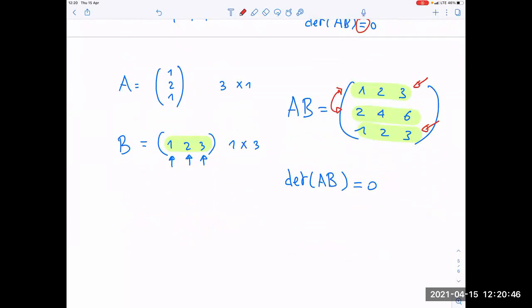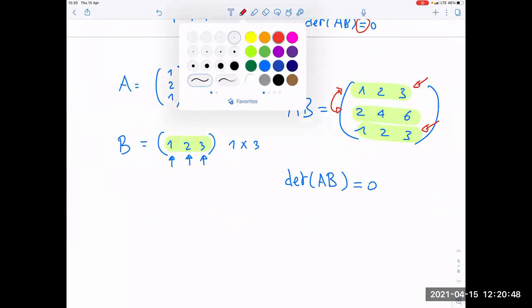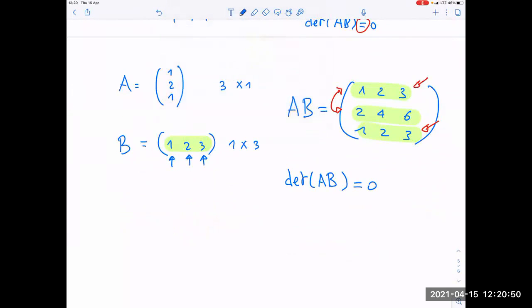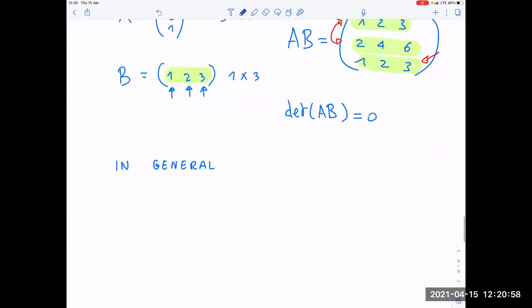Okay, so what is the general situation? In general, what will happen?